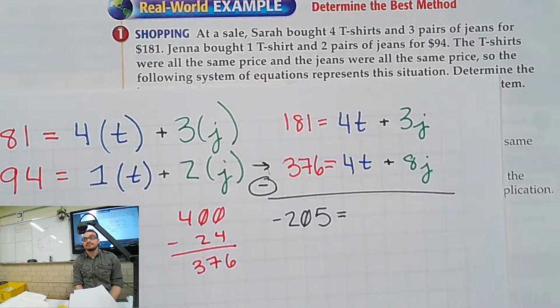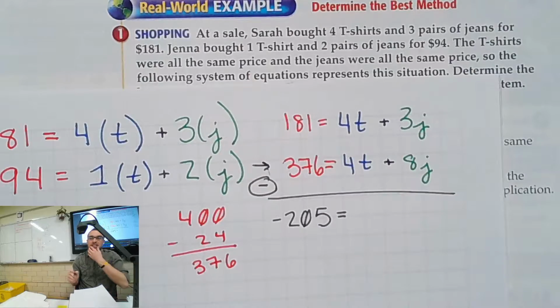That's a good point. But we're not done yet, so maybe it'll go away, right? Is 181 minus 376 negative 205? Is it? How do you know? Because 0 plus 8.